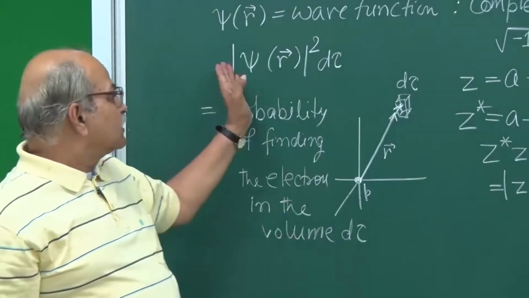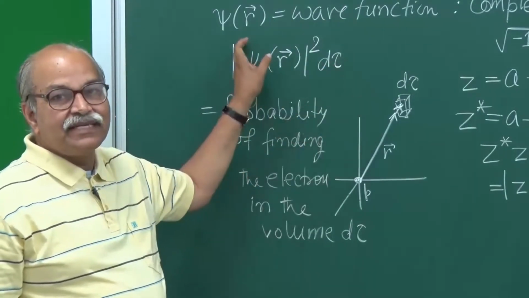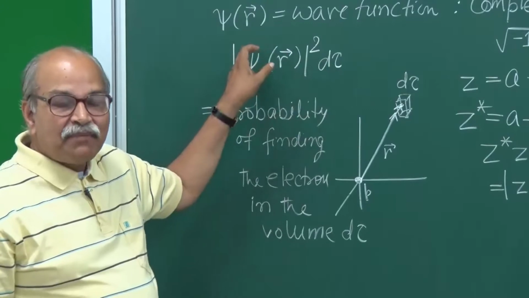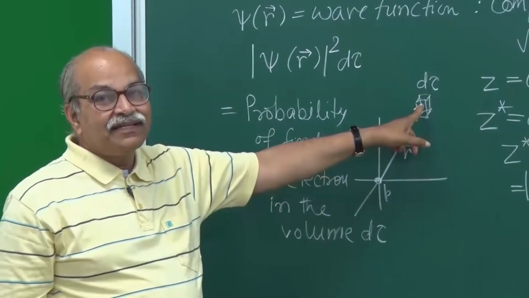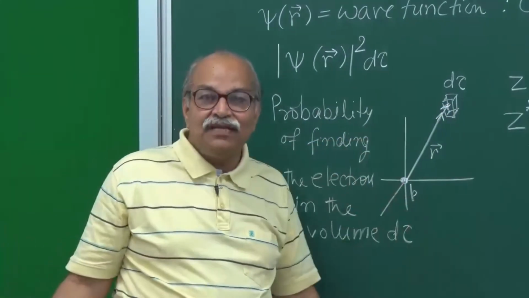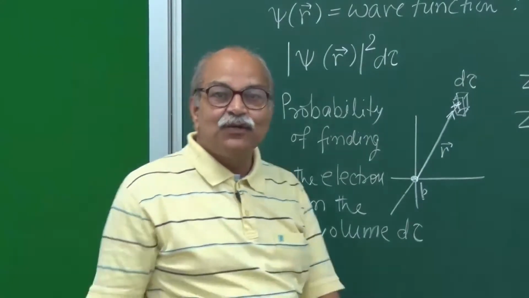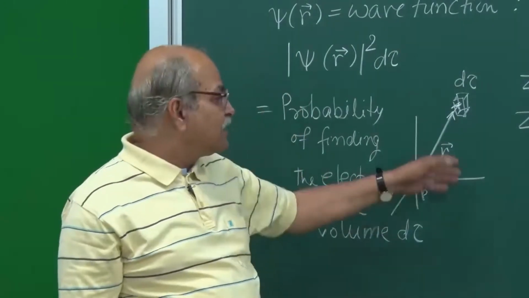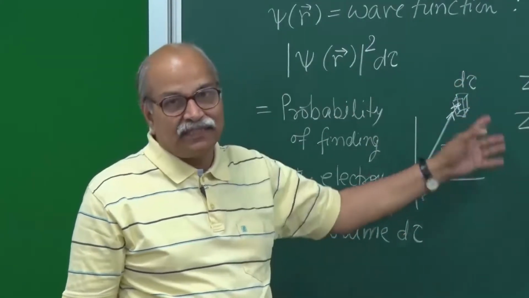Okay, so this mod psi square d tau, this quantity gives me the probability of finding the electron in this volume. So, if you want to know where the electron is, if I put some instruments to locate it, where do I locate? So, you can locate it anywhere in this space, but with different probabilities.